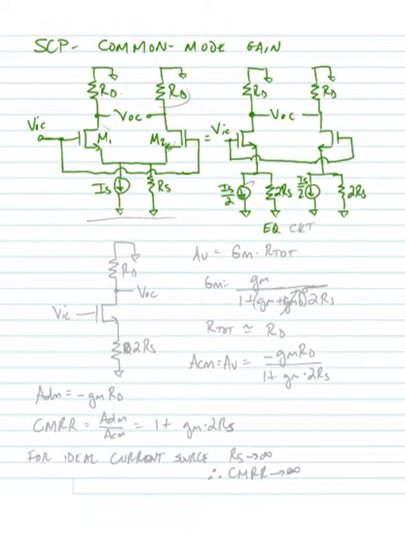Alright, so this is an equivalent circuit for what we just drew here. Well, what we see here is we have another case where we have a half circuit. And remember, in our small signal analysis, our DC current source should be equal to 0. So we can redraw at least one half of this circuit, like so.